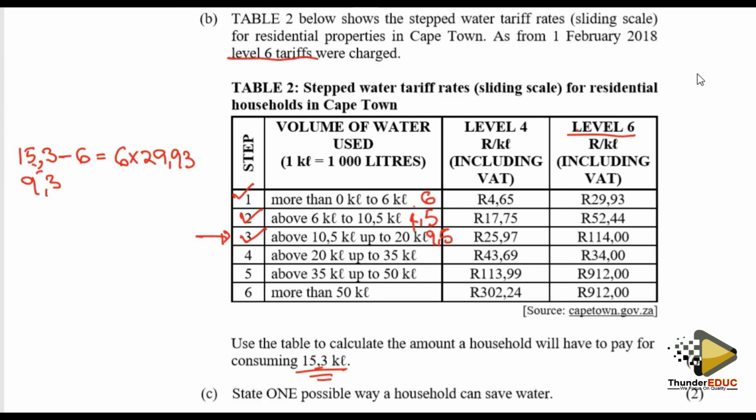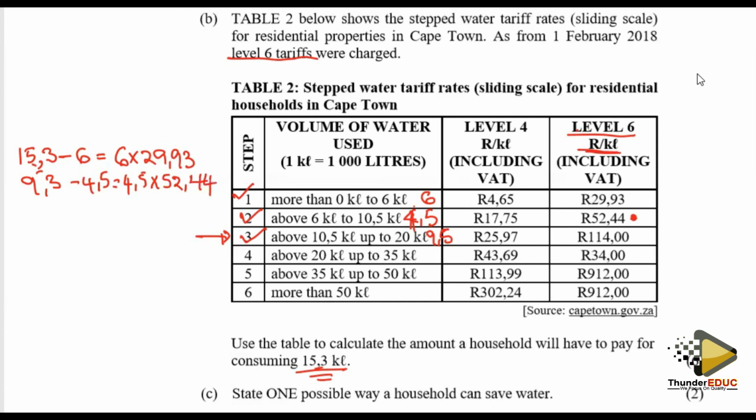In bracket number 2, we need a maximum of 4.5 kiloliters. For us, we have 9.3. We remove the 4.5, which becomes 4.5 times this other money here. This money is per kiloliter, and take note of this, rand per kiloliter. So we take that and it becomes 52.44.